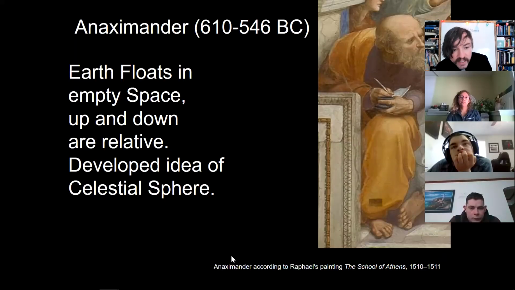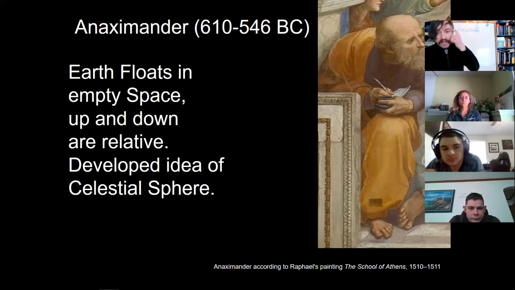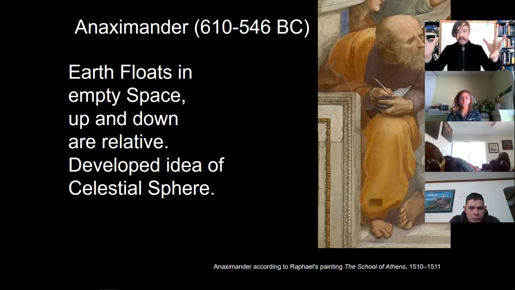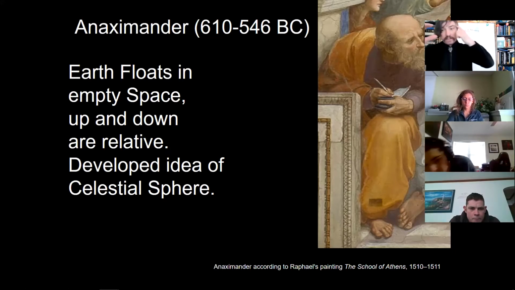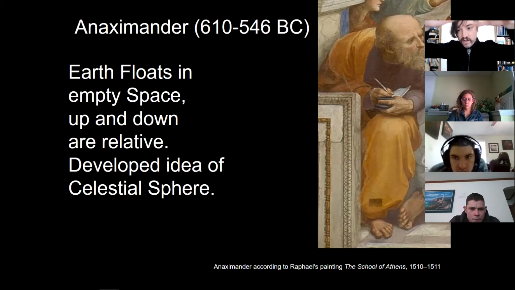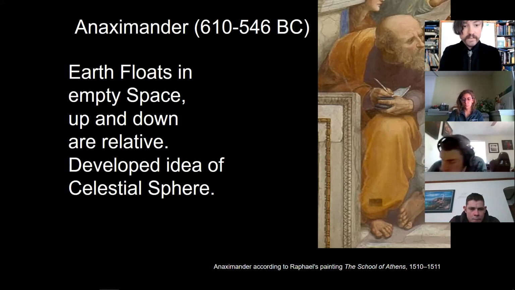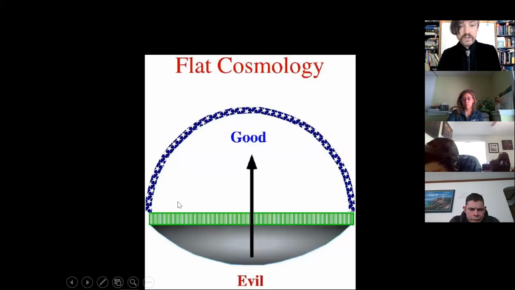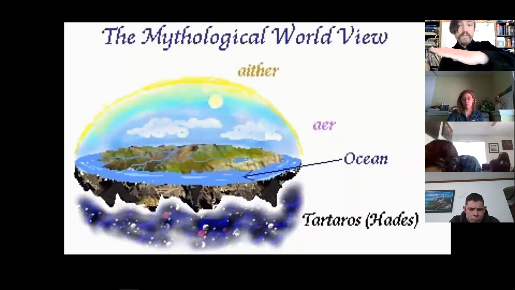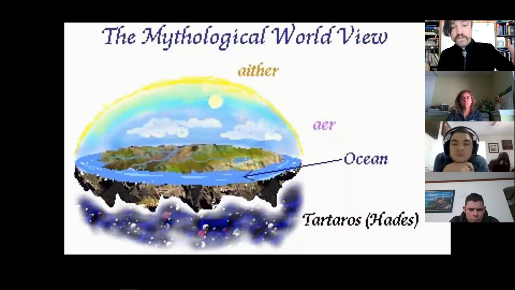Also keep in mind, the Greeks developed the idea of Earth as a sphere in empty space, and developed the idea of a celestial sphere with stars rotating around it. That means they were different than other civilizations who believed in a sort of mythological worldview where the Earth was flat.